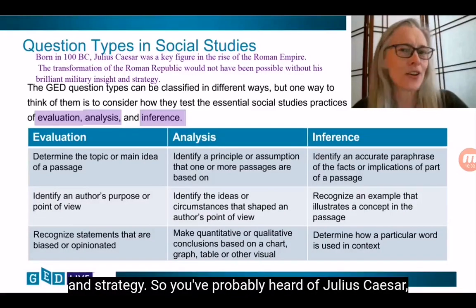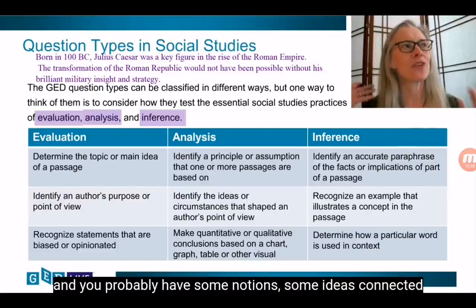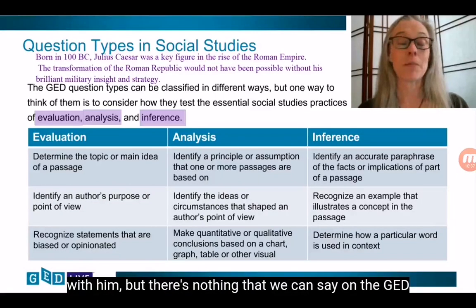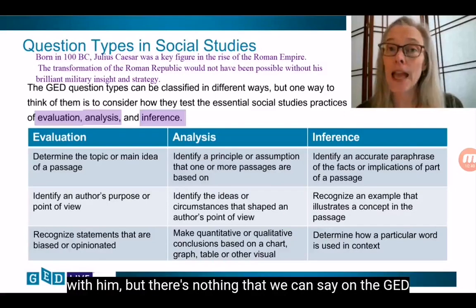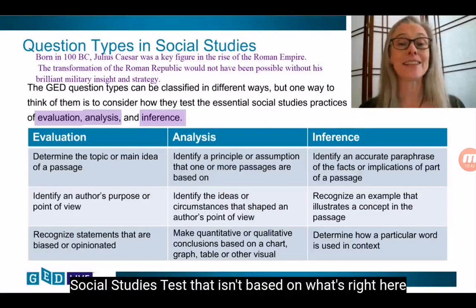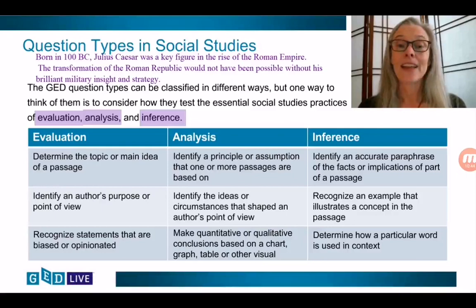So you've probably heard of Julius Caesar, and you probably have some notions, some ideas connected with him, but there's nothing that we can say on the GED Social Studies test that isn't based on what's right here in this passage.